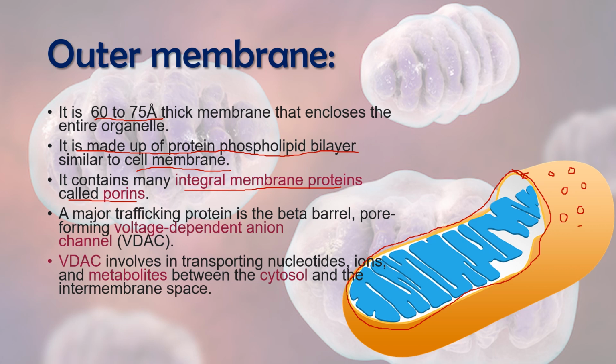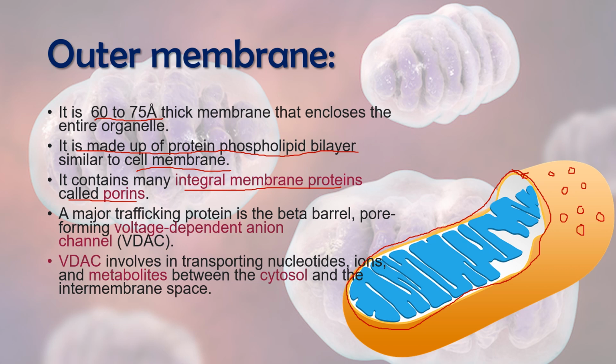We already discussed that these porins allow transport of ions and small molecules without any hindrances. They do not require any special proteins to transfer. Basically, these porins allow transport of small molecules or ions easily inside or outside the mitochondria.